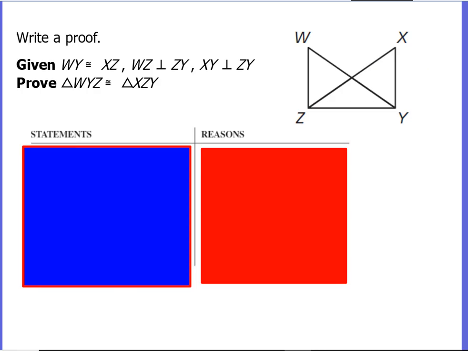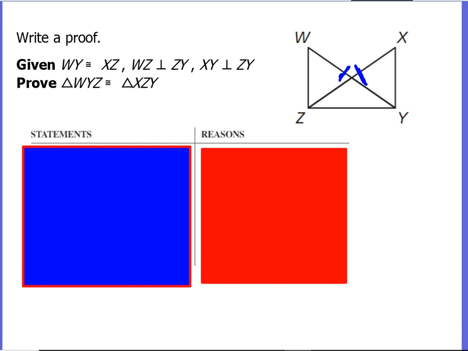So let's talk about a first proof utilizing it. We are given that WY is congruent to XZ, and as always, if I'm not given markings, the very first thing I'm going to do is start marking up the diagram as much as possible. So I'm given that WY, the whole hypotenuse, is congruent to all of XZ.